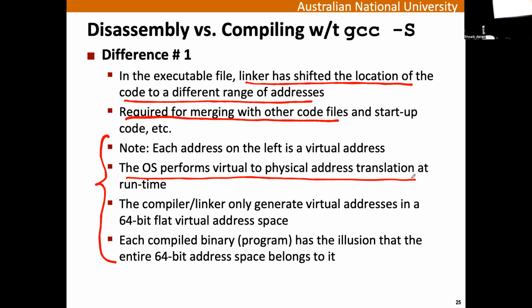The linker doesn't know where this binary will run. Will it run on Ben's laptop, or on Adam's mobile phone, which will have 1 GB of physical memory? It has no clue where it will run. So it just assumes a flat 64-bit address space, and we call it the virtual address space.